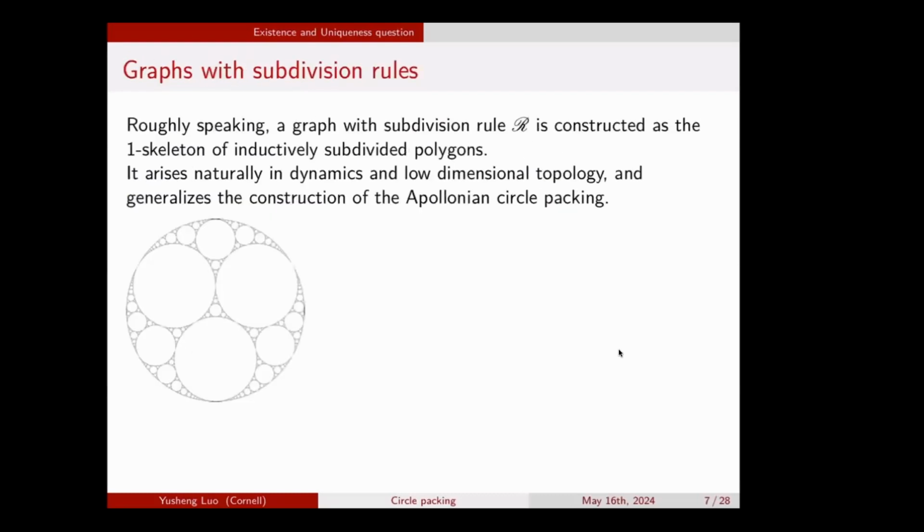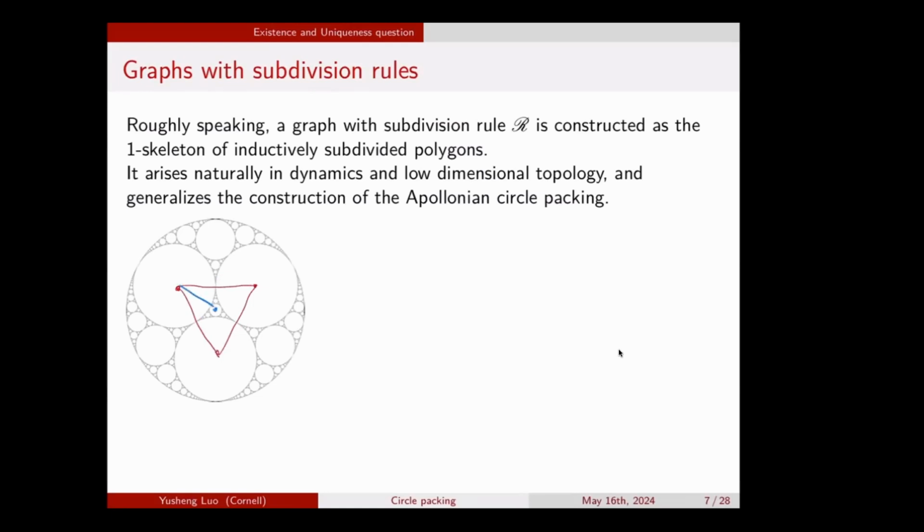Right, so to illustrate the idea of the definition, let me first look at this Apollonian circle packing. If we focus on the Apollonian circle packing bounded by these three circles, then the interior can be constructed inductively by starting with a triangle.